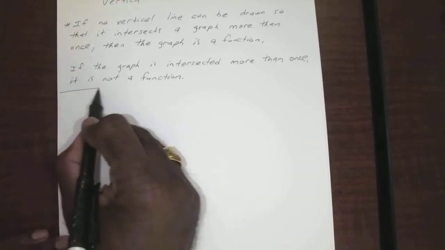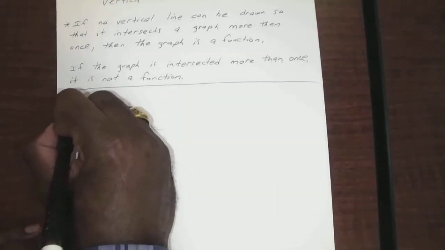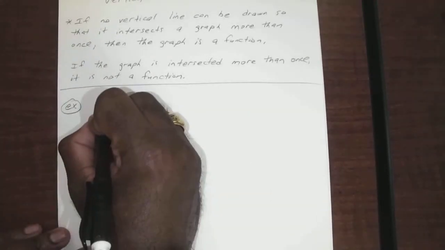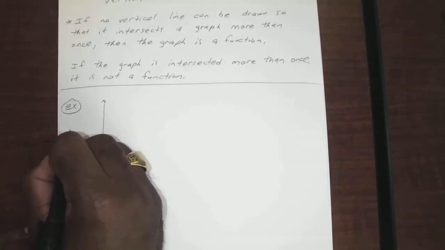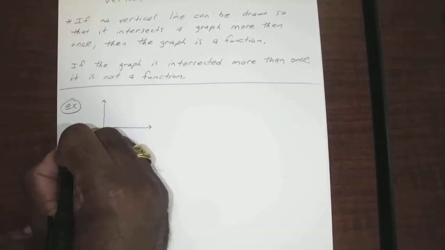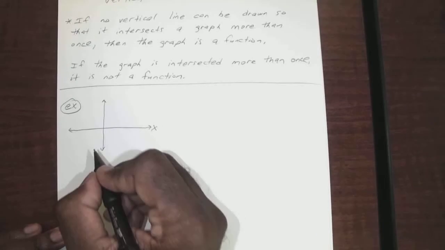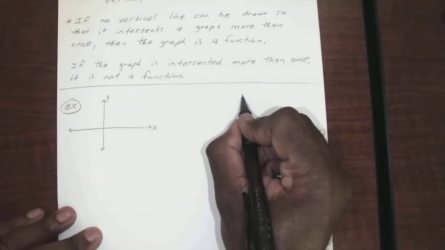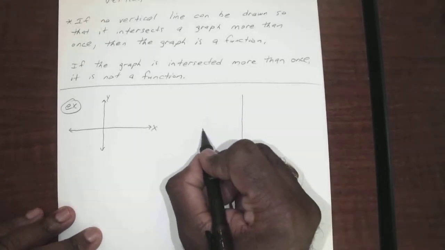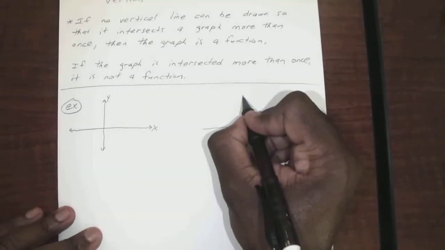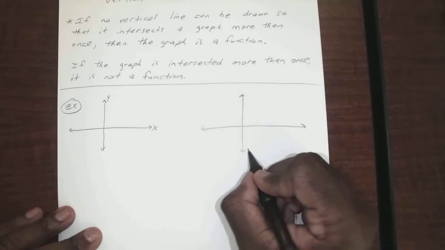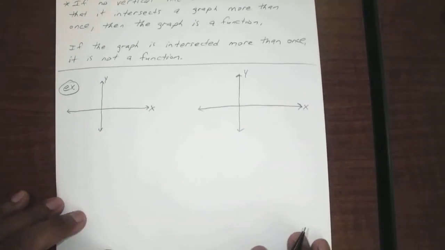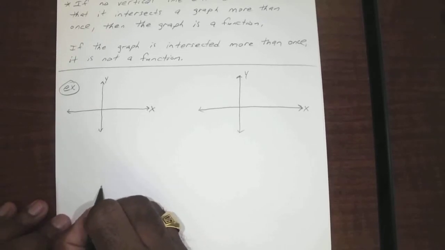Okay, so we'll draw out about 4 quick examples. Say this is your x-axis and that's your y-axis, and draw 2 more.